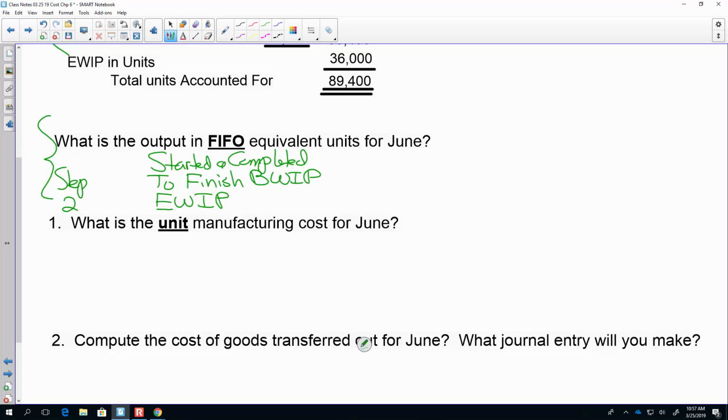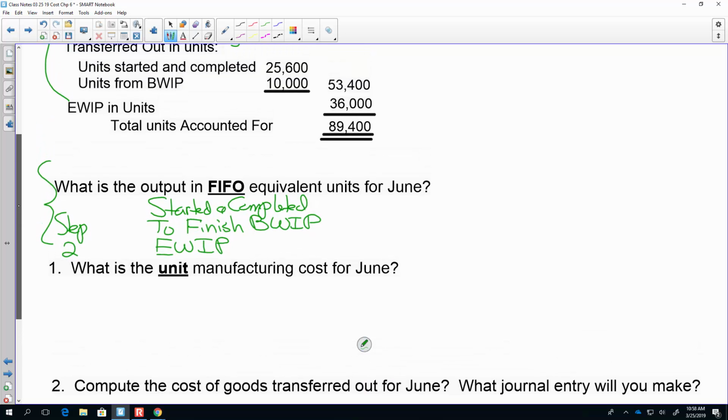So under the FIFO method, we cannot mix current with beginning units. That's the big change here from the weighted average. In the weighted average, we combined the started and completed with the beginning and called it completed units. So under the weighted average, we didn't have these three, we just had the word completed. So looking at step 1, how many units did we start?